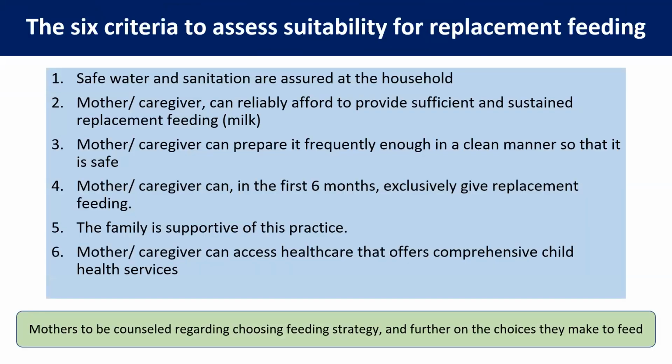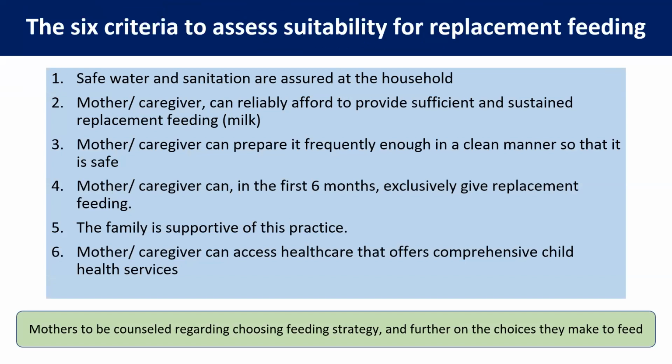And the 6 criteria to assess replacement feeding are: we need to look at whether there is safe water and sanitation available at the household level. Mother and caregiver can reliably provide sufficient and sustained replacement feeding. Can they afford the cost of this replacement feeding?